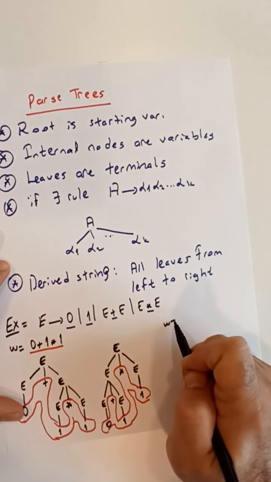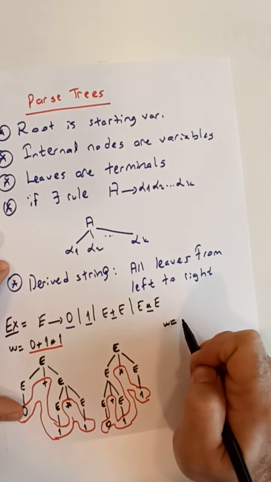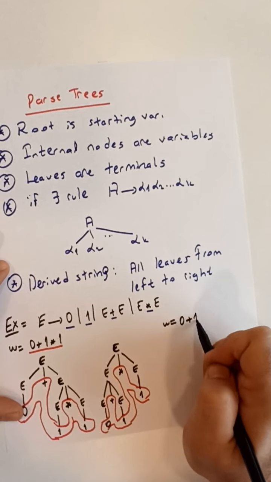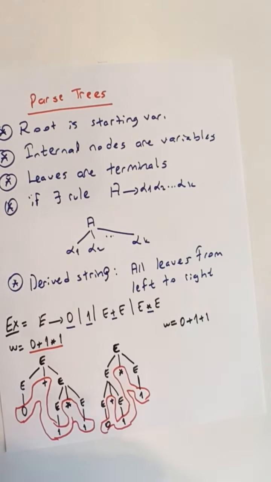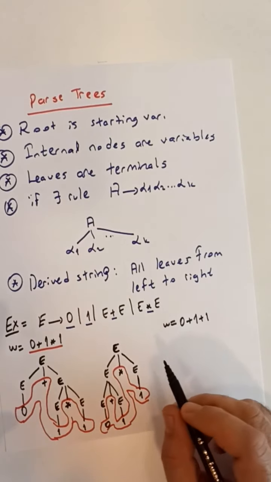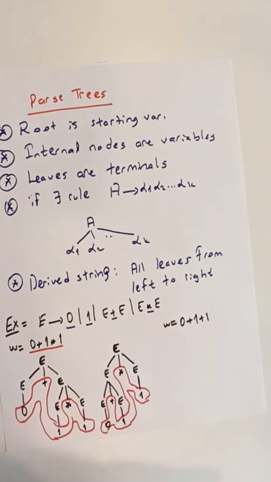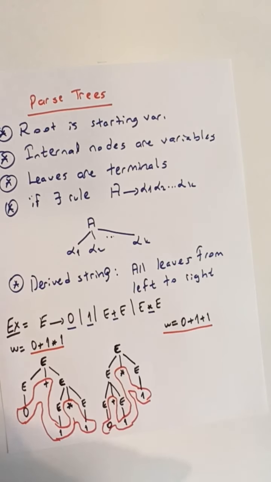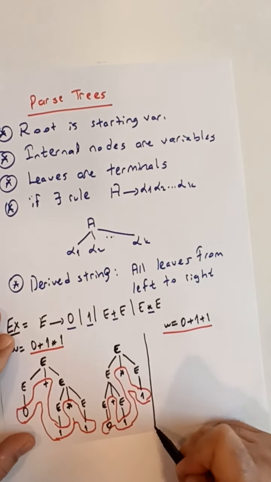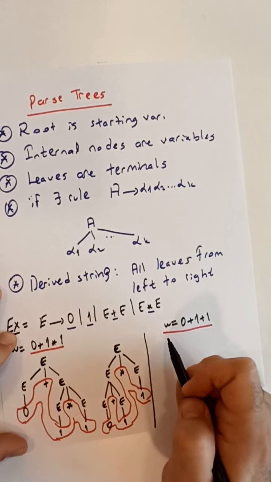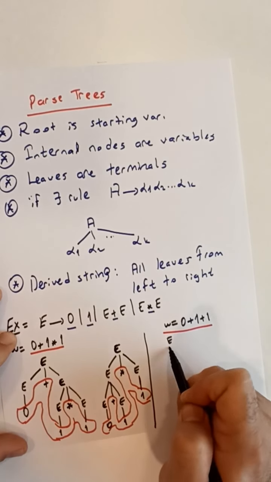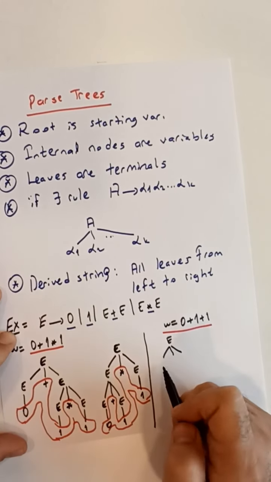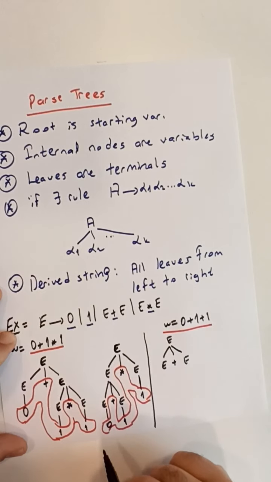So let's say our string is, this time let's just simply say 0 plus 1 plus 1. Again, we should be able to see that we can construct two separate parse trees corresponding to the string as well. So our first parse tree, the root is e expanded with addition, e plus e.